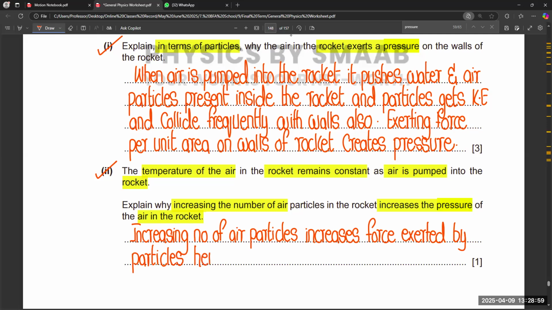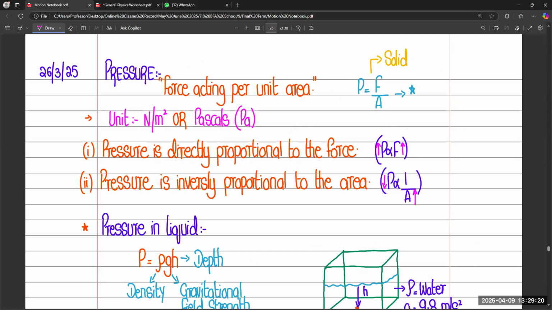Hence, pressure also increases. Because you remember we discussed in this formula, pressure is directly proportional to the force.